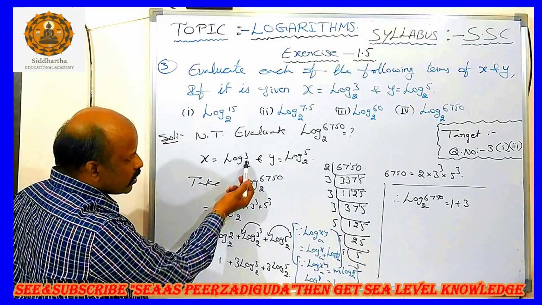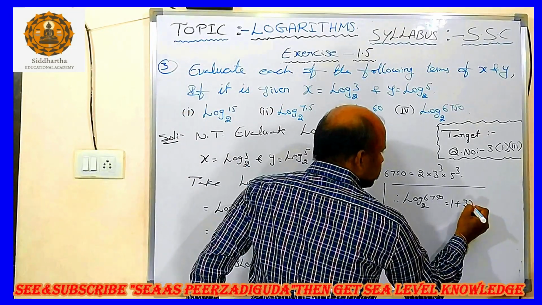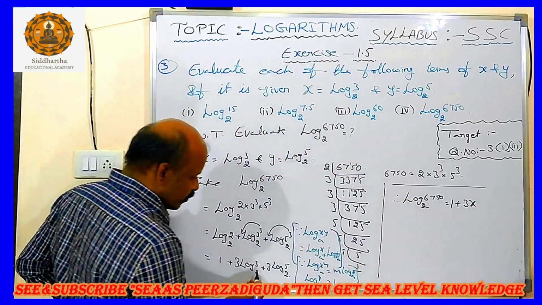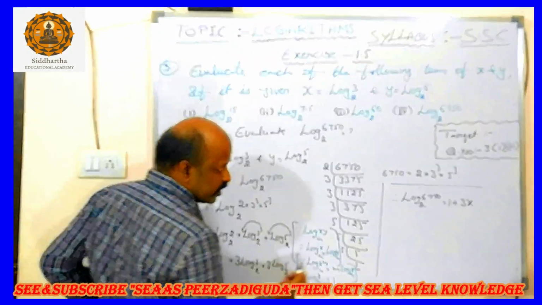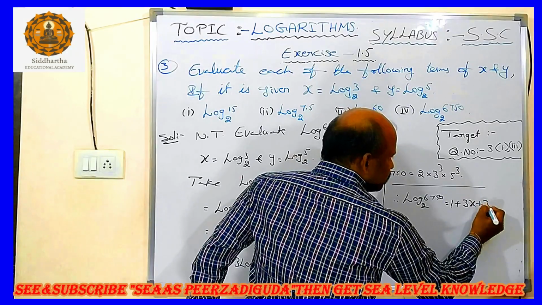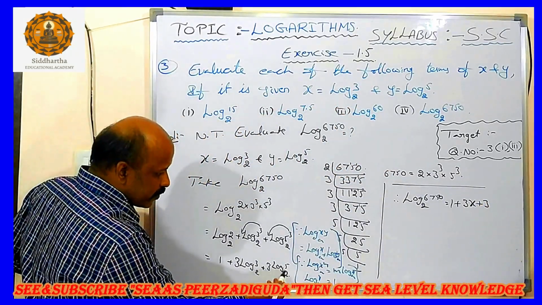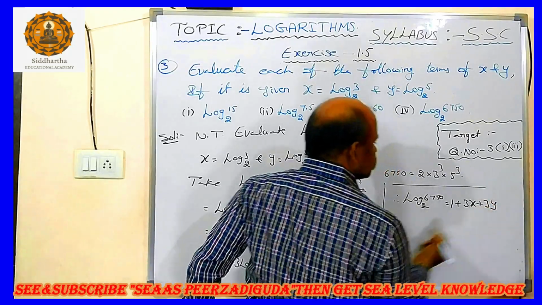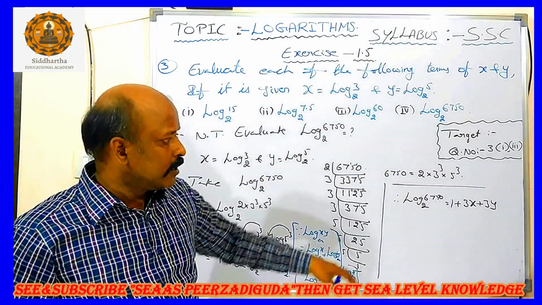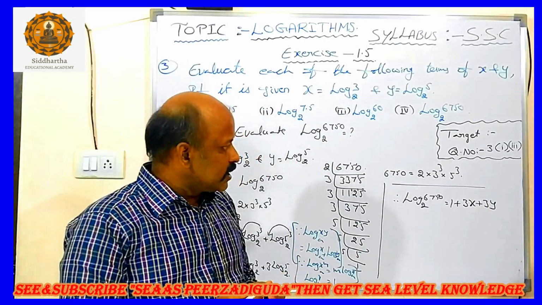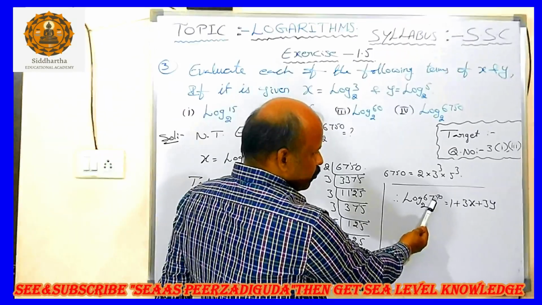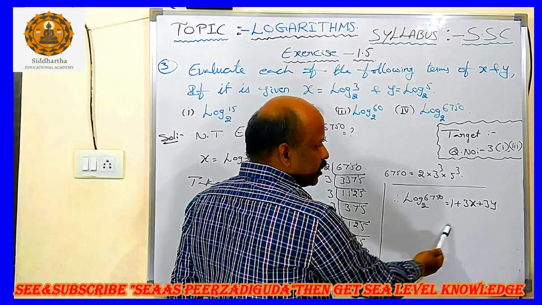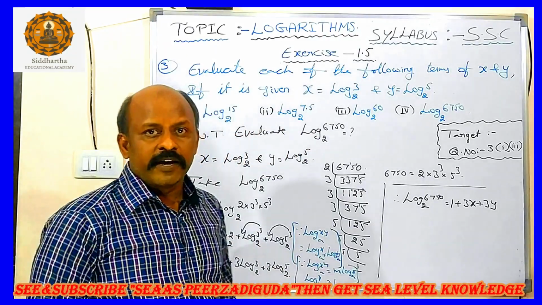What is the value of log 3 base 2? x. x I am writing. Next, plus 3 log 5 base 2. What is the value of log 5 base 2? y. So what I did here, log 6750 base 2, I wrote in terms of x and y.